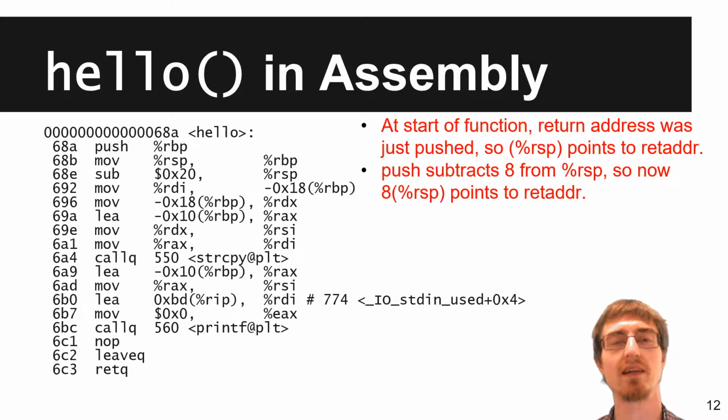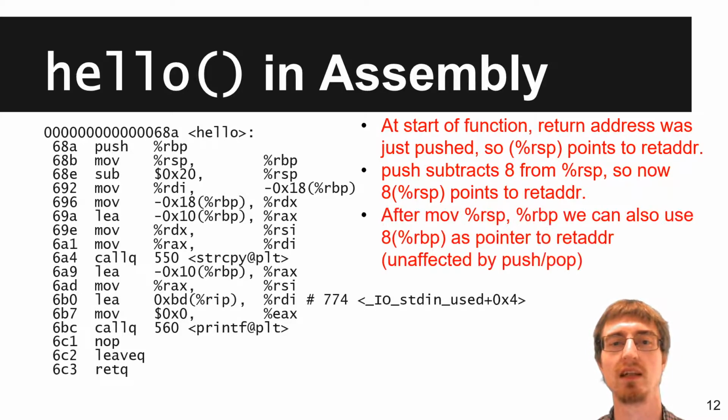So what we get is that RSP plus 8 now points to the return address. Then we move RSP into RBP. Afterwards, they point to the same location, but RSP will still change and RBP will stay the same within the function. So let's instead use RBP + 8 as the offset of the return address.